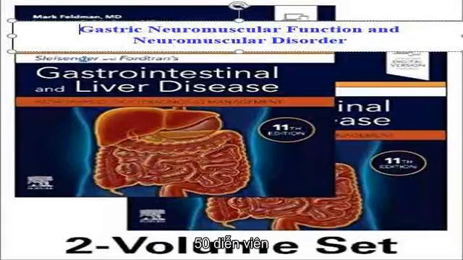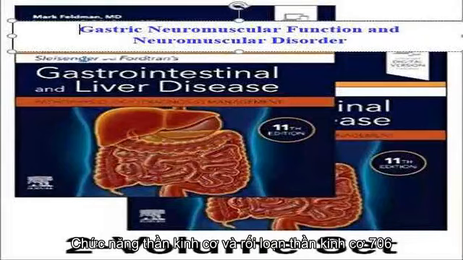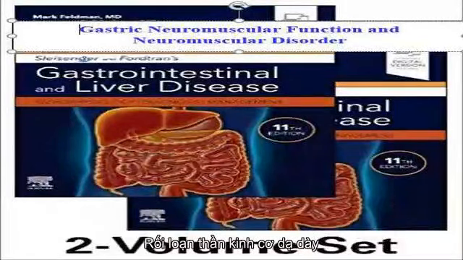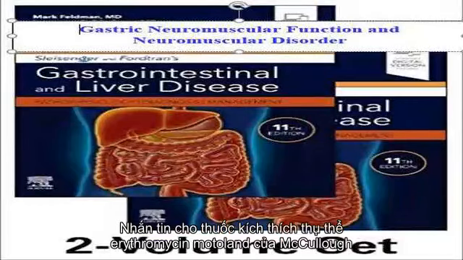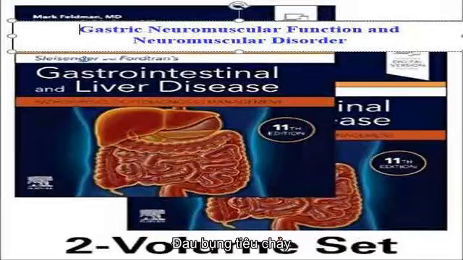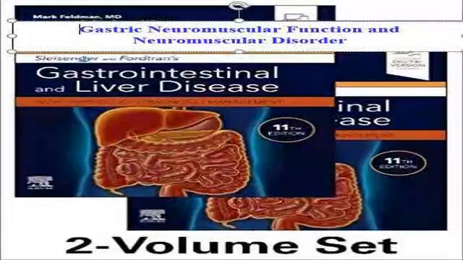Chapter 50, Gastric Neuromuscular Function and Neuromuscular Disorders, Table 50.5: Drug and non-drug therapies used to treat symptoms in patients with gastric neuromuscular disorders. Therapy, mechanisms and sites of action, dose, adverse effects. Prokinetic drugs. Macrolides. Erythromycin, motilin receptor agonist, 125 to 250 mg 4 times daily. Nausea, diarrhea, abdominal cramps, rash.